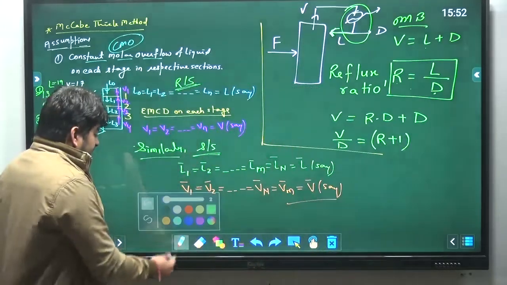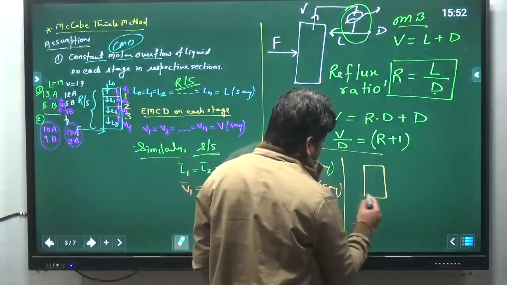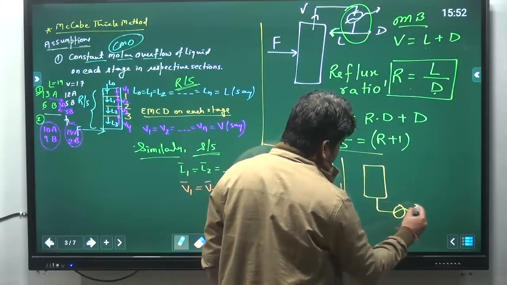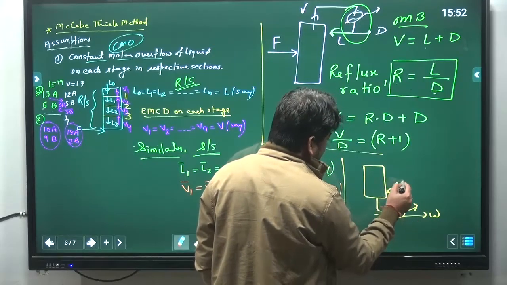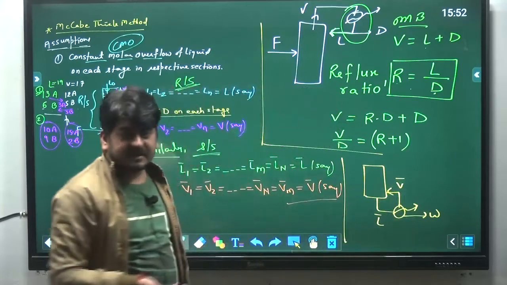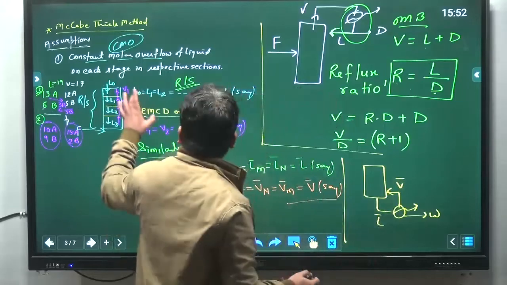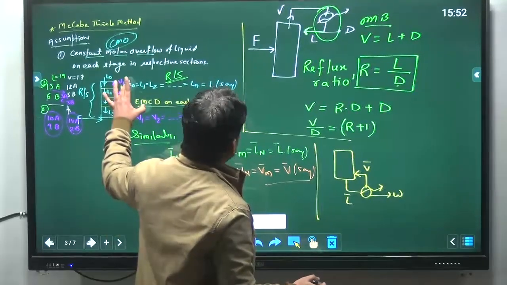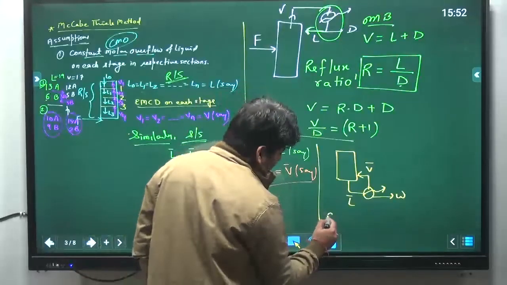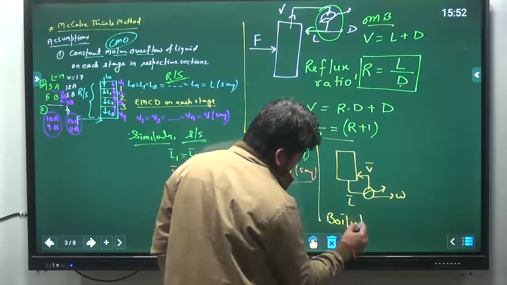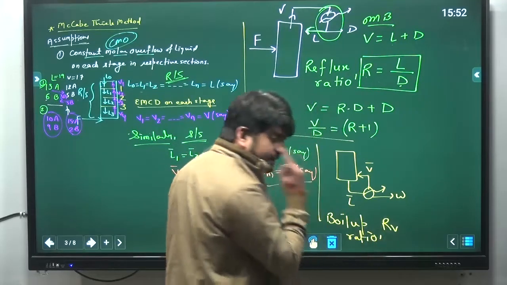Okay, similarly in case of stripping section, the amount which we send back as a boil up, the vapors, we define a term called boil up ratio. That is usually denoted by RV.